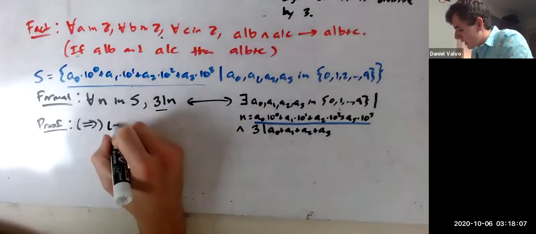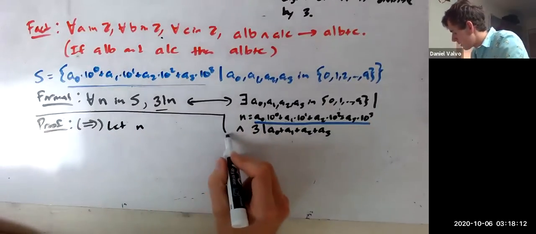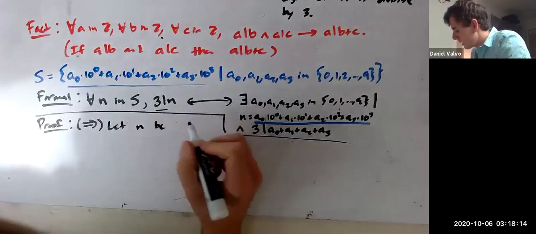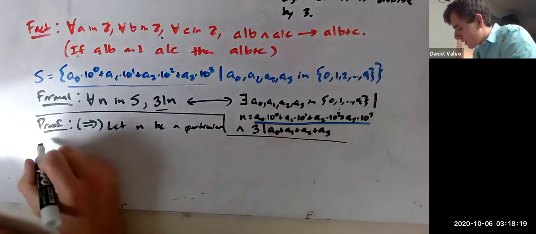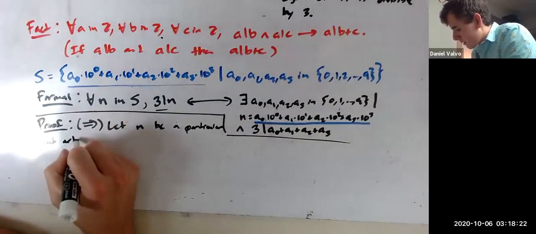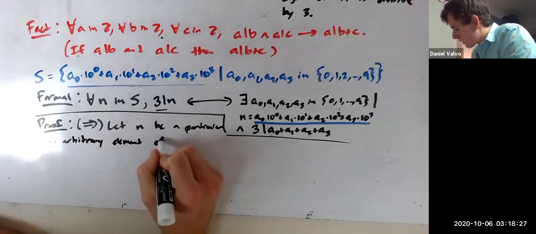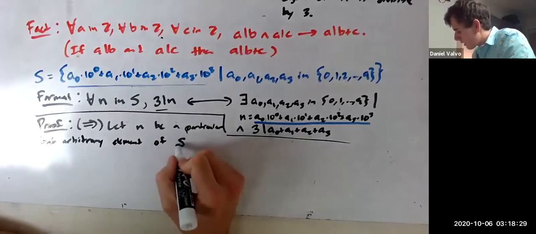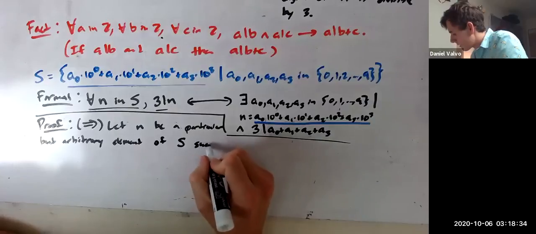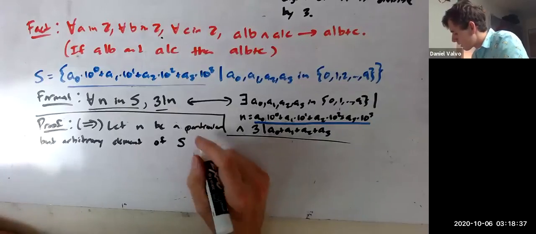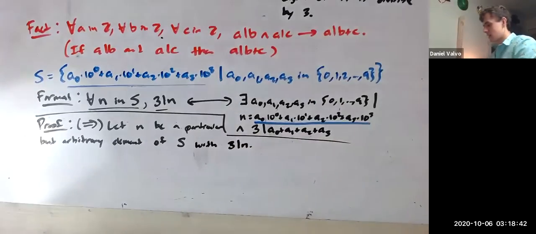So I'll say, like any direct proof we do, right, let n be a particular but arbitrary element of S, right, because it all comes from S, with 3 divides n.